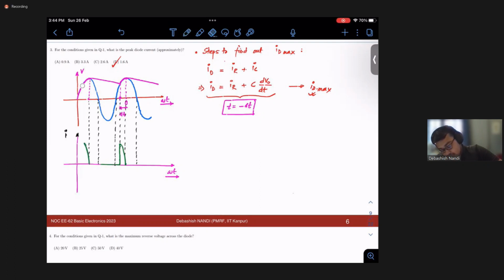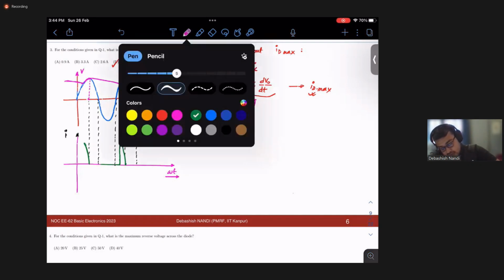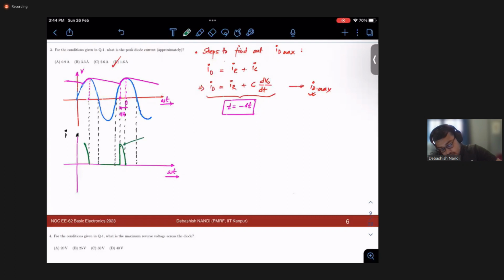And for the sake of clarity, your ripples will be like this only, right? So this is your ID waveform. ID will be just like this.